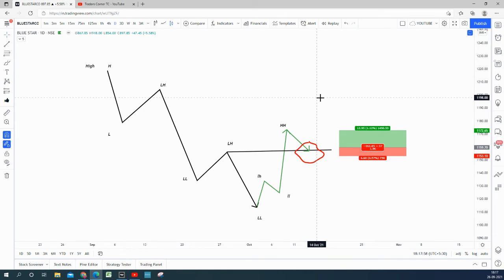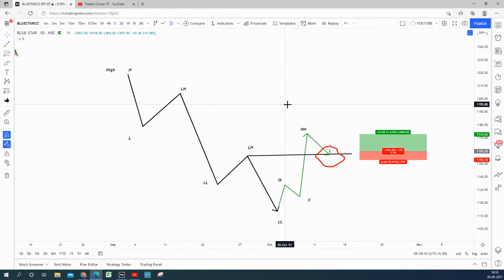So now in this method, how I'm going to tell you to fix a target is, as soon as the price makes a closing, whatever time frame analysis you're doing, technical analysis is common for all types of time frame, whether 1 minute, 3 minute, 5 minute, 15 minutes, 1 hour, 2 hour, 4 hour, day, monthly, yearly.